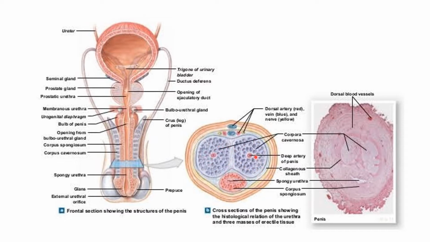And then you have there the deep artery of the penis. You also see here your spongy urethra, and then the corpus spongiosum. Okay? So you also see here the dorsal artery in red, the vein in blue, and the yellow is the nerve.